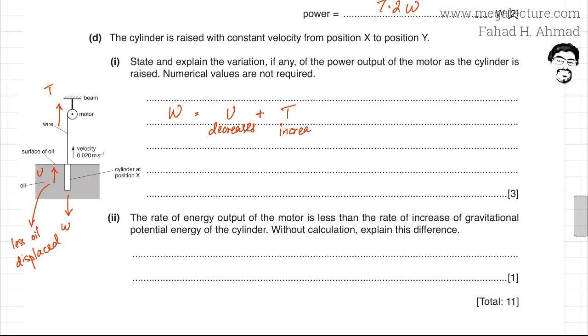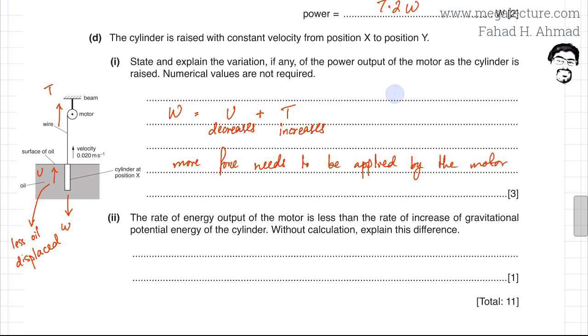It would become more difficult for the motor to actually pull this cylinder upwards because the upthrust value is going to be lesser. So more tension, more force needs to be applied by the motor.